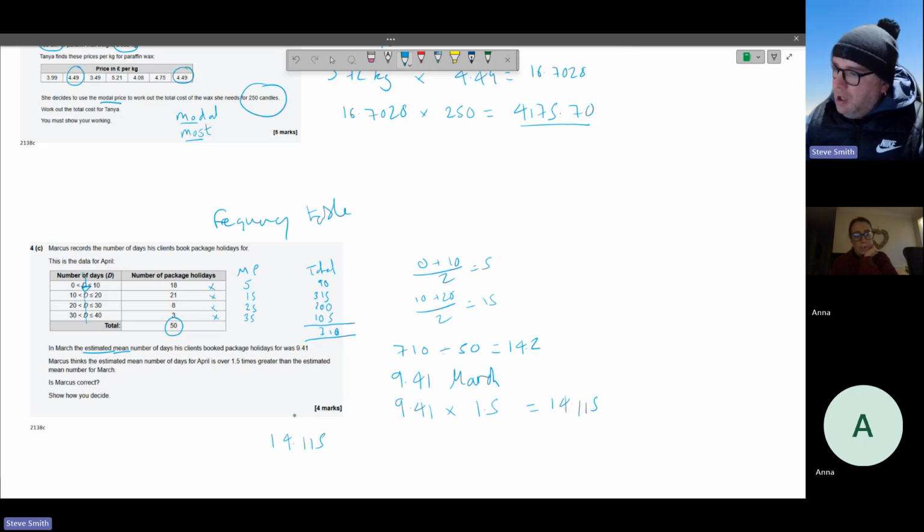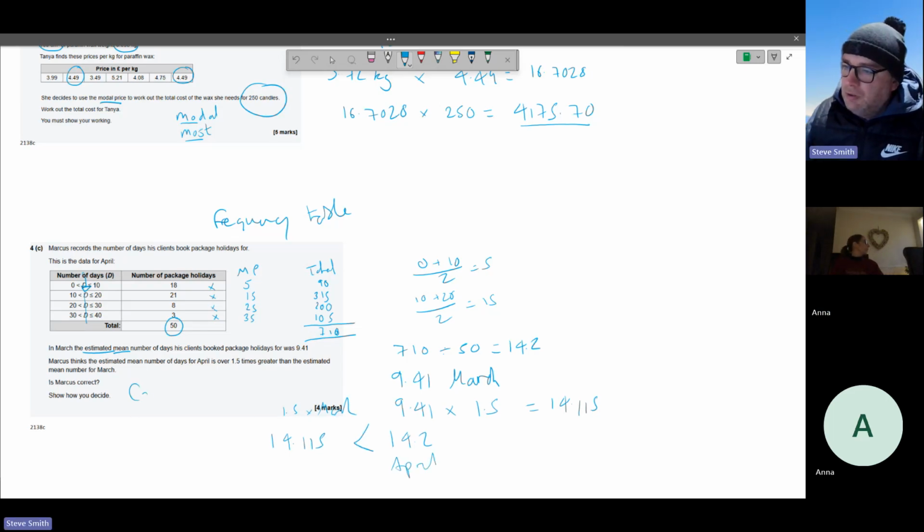That's his 1.5 times March. And then actually for April, he's got 14.2. So yes, it is greater. The bigger number gets eaten by the crocodile. And there we have it here. The bigger number is that of April. So Marcus is correct. So we go correct for the fourth mark.